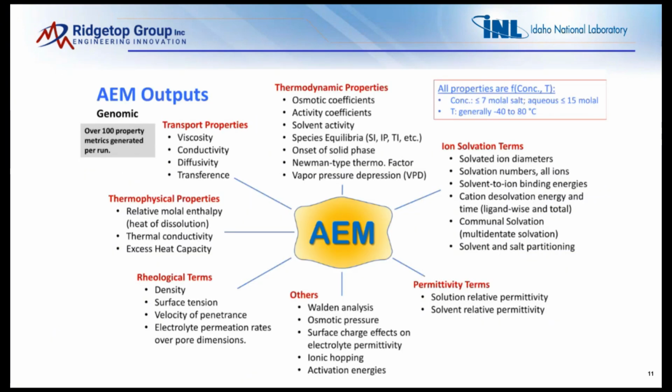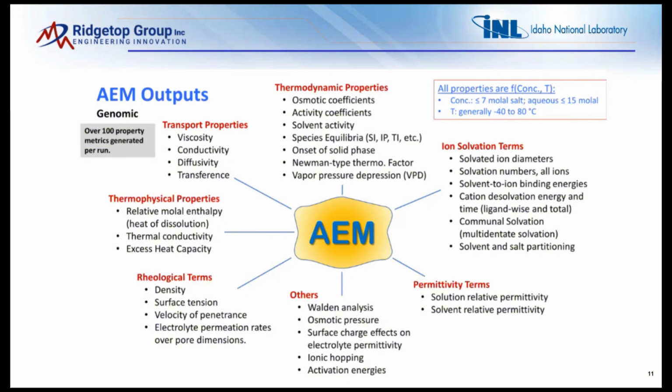This slide covers the AEM outputs arranged in 7 categories. And so each category has meaning toward different types of research questions that can be answered. Starting at the top, thermodynamic properties. Some of these are found in things like Newman transport models that are very valuable for taking electrolytes and then putting them into an operating system that has electrodes and separator and electrolyte.